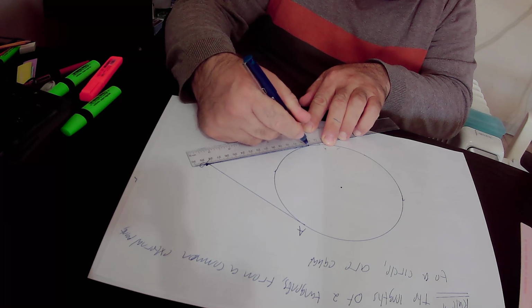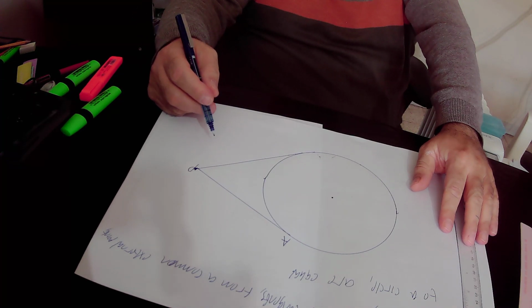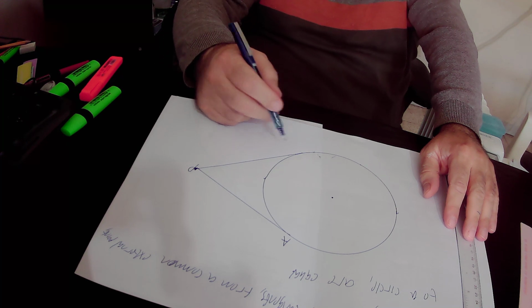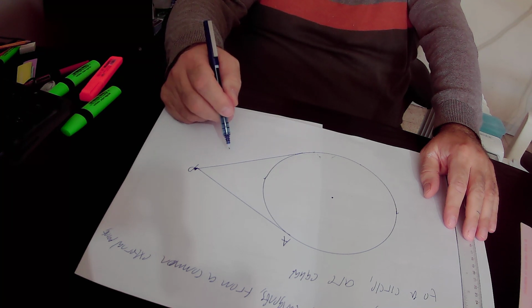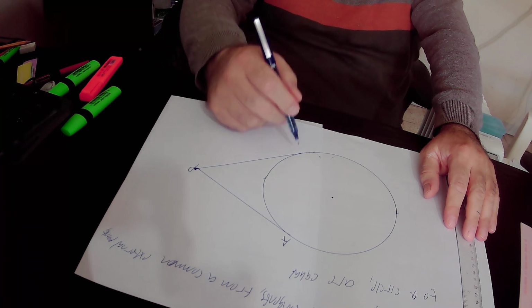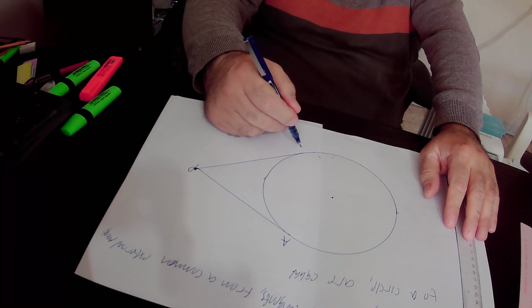This is the second tangent. We define the touching point of the second tangent with this circle as point B.